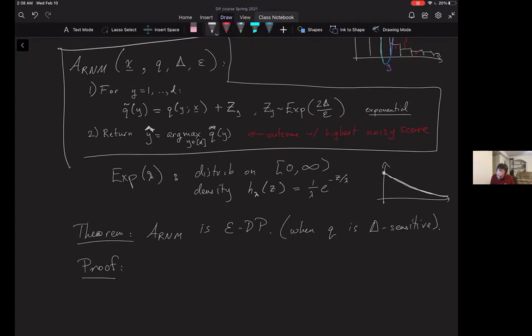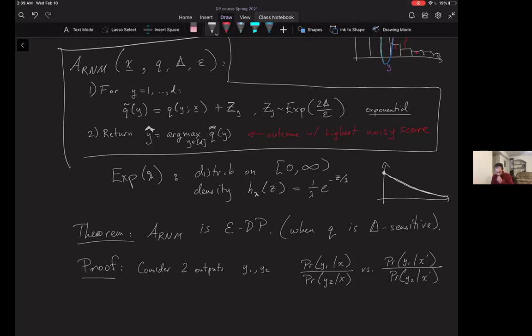The idea is to consider two outputs, Y1 and Y2, and look at the probability that you get Y1 on data set X over the probability that you get Y2 on data set X. Compare that to the probability that you get Y1 on data set X prime relative to the probability that you see Y2 on data set X prime.